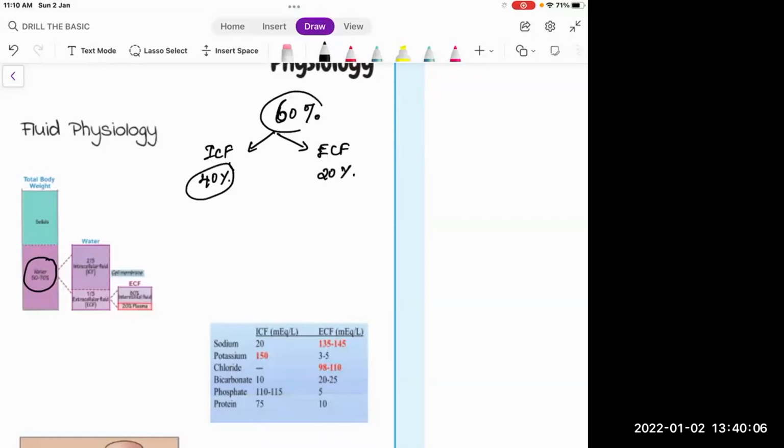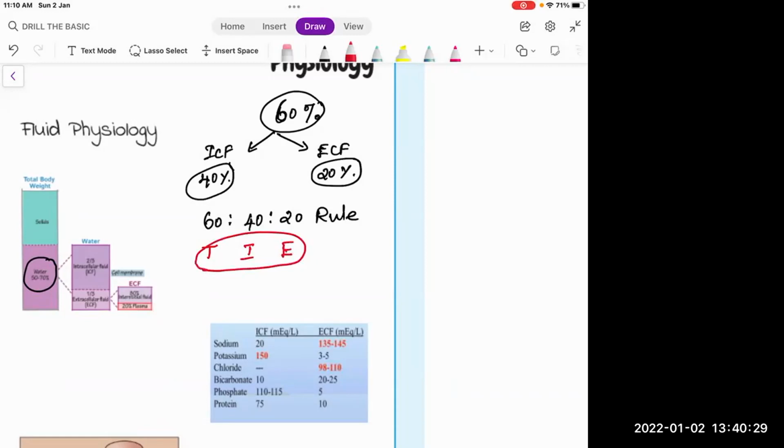So this composition you will remember as the 60, 40, 20 rule. In order to remember easily which is 60, which is 40 and which is 20, this is total body fluid, intracellular fluid, extracellular fluid. You can remember it with a mnemonic.